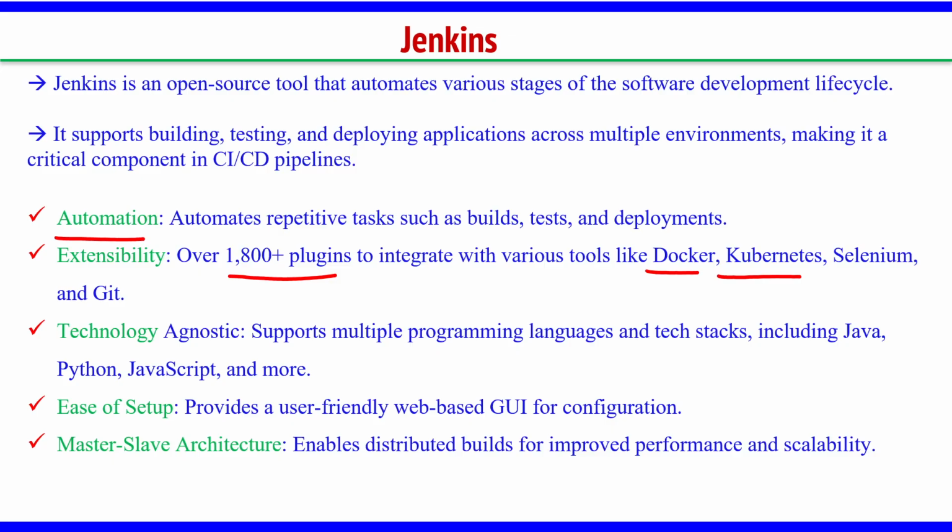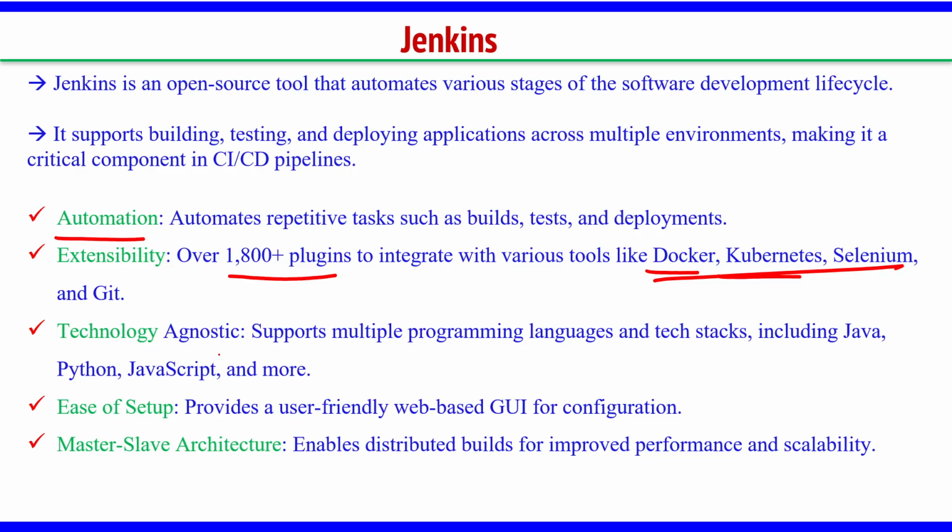Everything is automated in Jenkins. You will just click 2-3 buttons, and everything will be done. Creating Docker containers, Docker images, Kubernetes, monitoring the application which you have deployed, everything is possible in Jenkins, right? All these tools can be integrated with Jenkins.